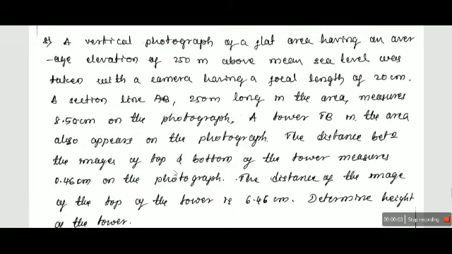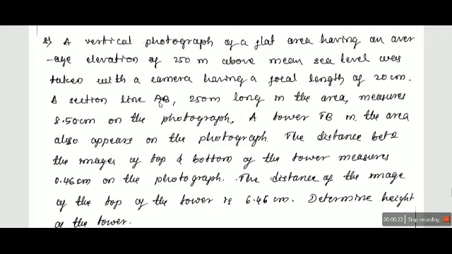Last problem. A vertical photograph of a flat area having an average elevation of 250 meters above the mean sea level is taken with a camera having a focal length of 20 centimeters.